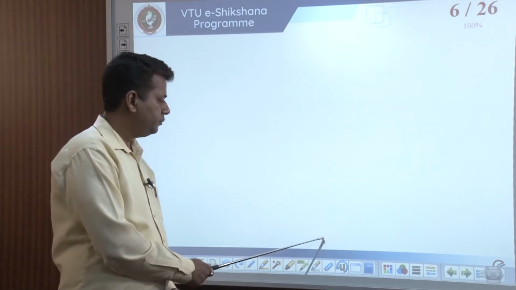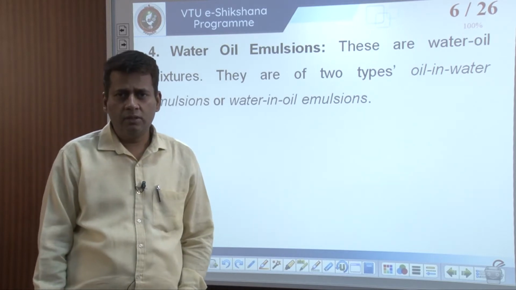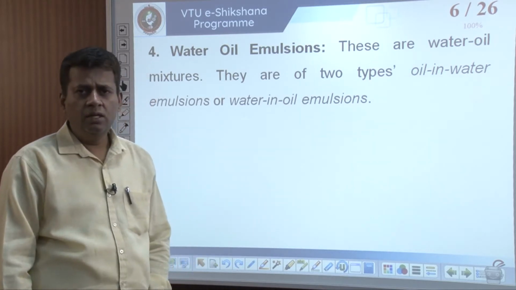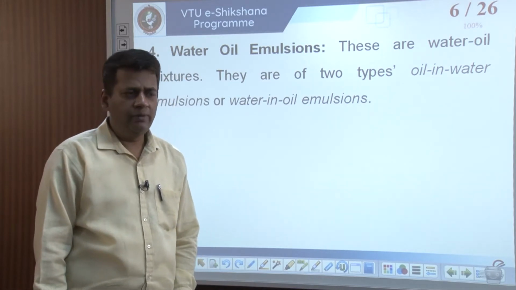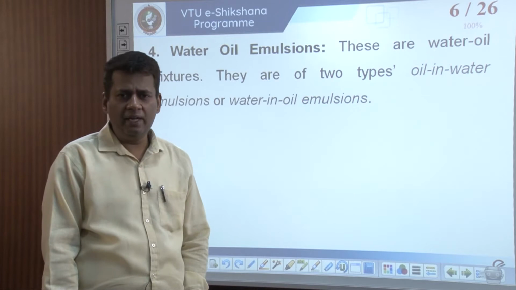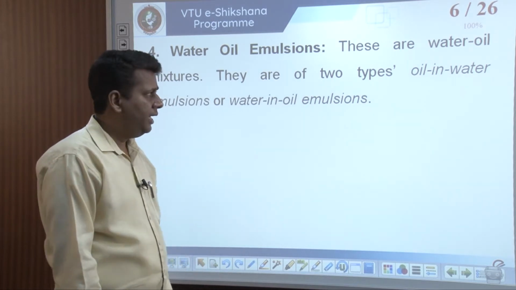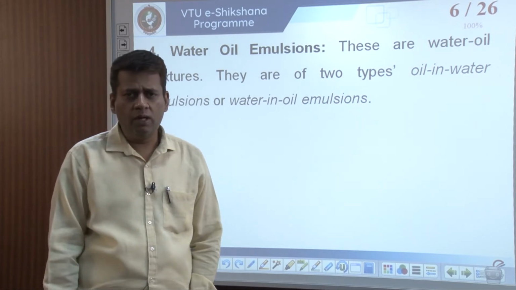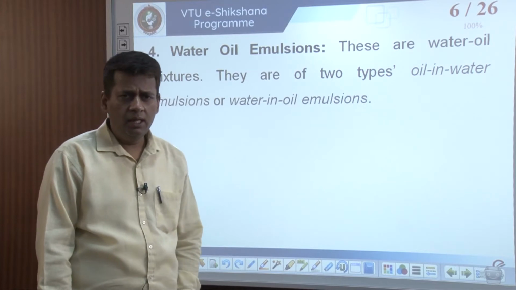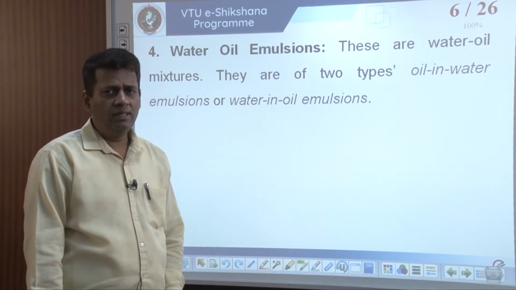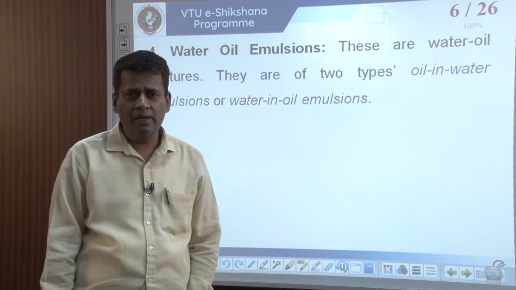The next is water oil emulsions. These emulsions are new inventions in the field of hydraulics. We use emulsions for painting purposes, and these emulsions are water soluble. There are two types, oil in water and water in oil. These emulsions are very popular because when they are mixed with water or oil, they form a dispersed medium.